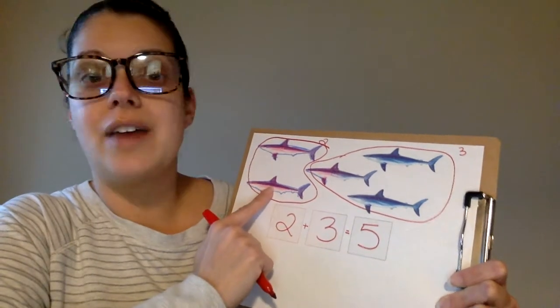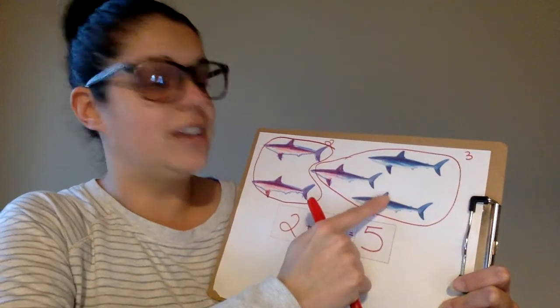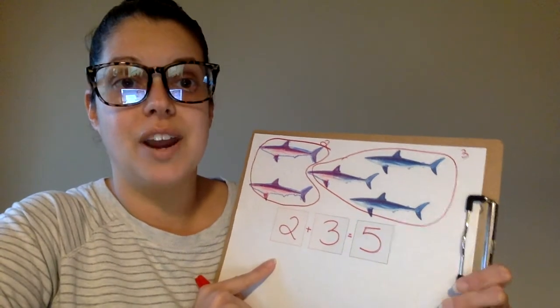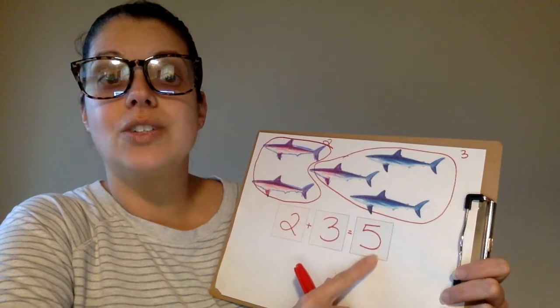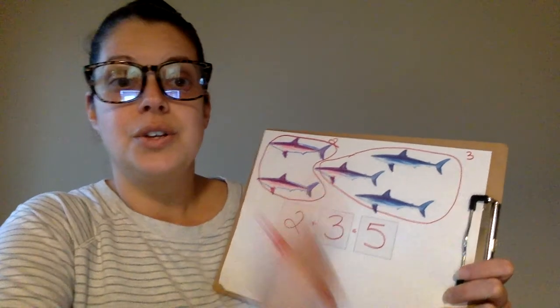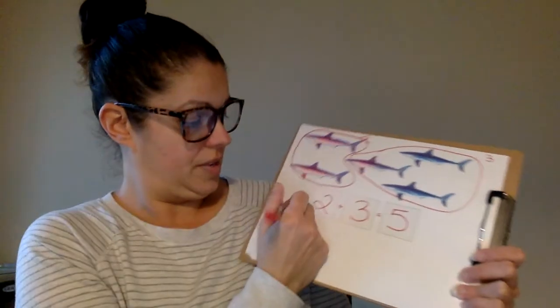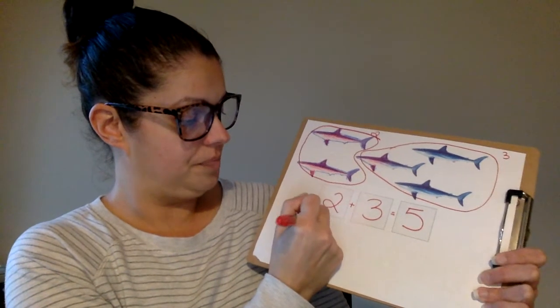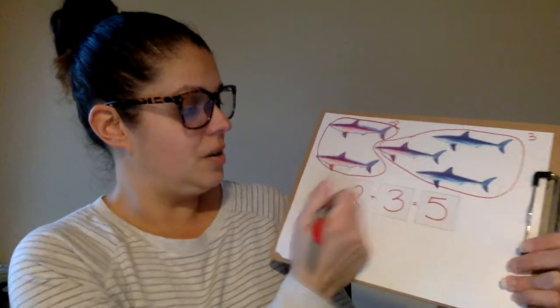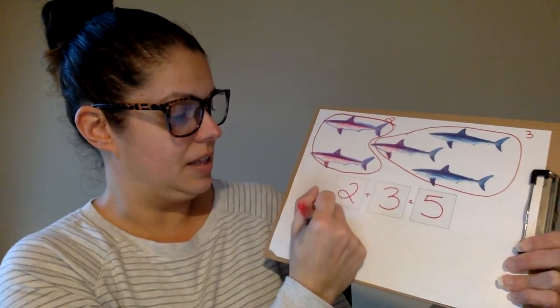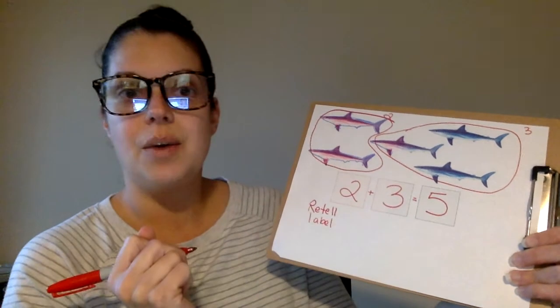So now when I'm done, right? First I went scuba diving, I saw 2 sharks. Then I saw 3 more sharks, right? How many sharks did I see all together? I saw 5 sharks. So the first thing we're going to do is we're going to retell our story. The second thing we're going to do is label our story.